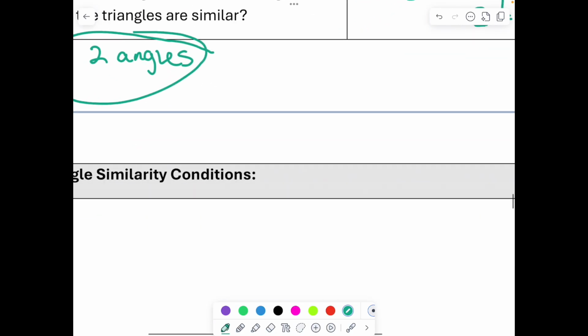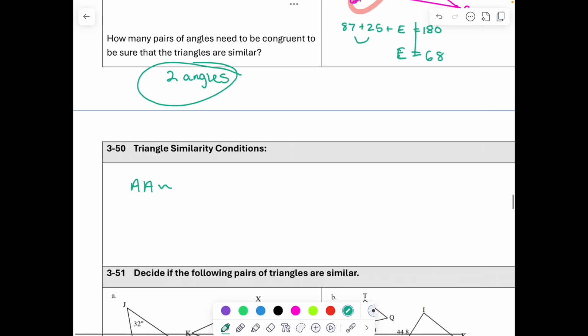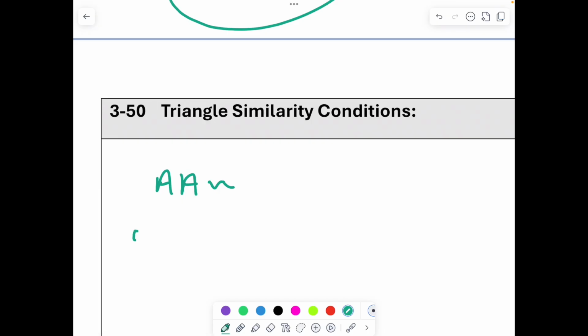So that is something that we call angle similarity. That's how we're gonna write it. Angle similarity.